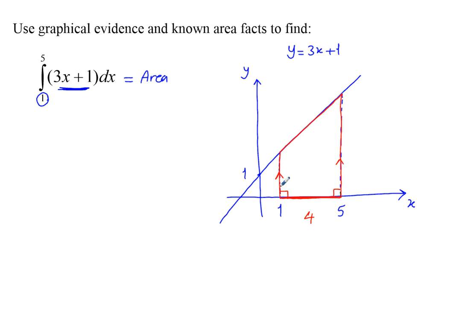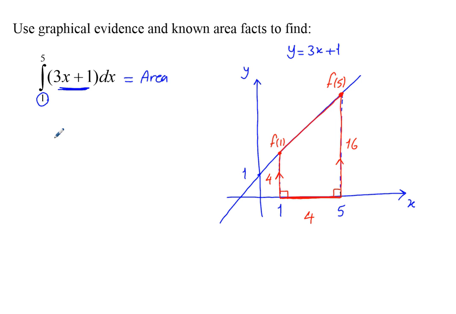But then what is the length of this here? This would be f of 1. So when you substitute 1 into the function, 3 times 1 is 3, plus 1 is 4. So this here is also 4 units. This length here is f of 5. So when you substitute 5 into the function, 3 times 5 is 15, plus 1 is 16.